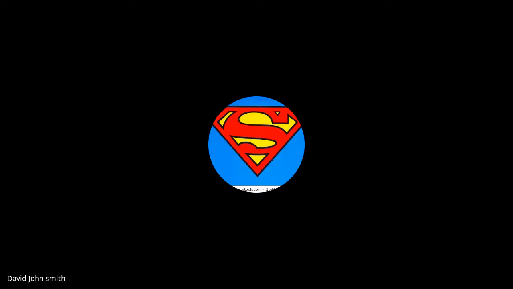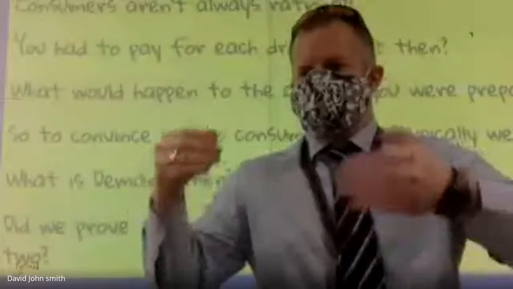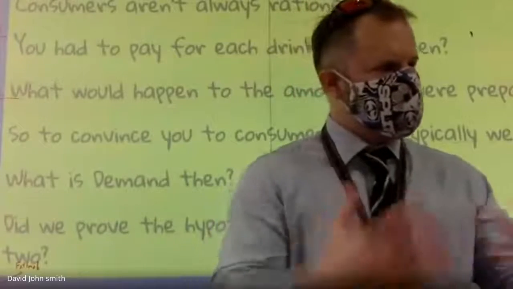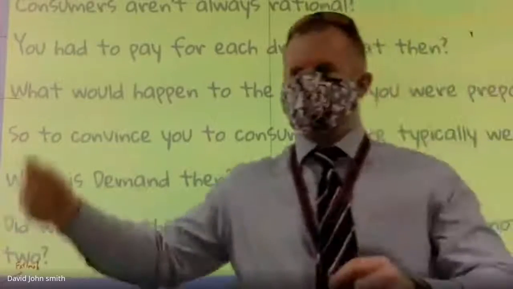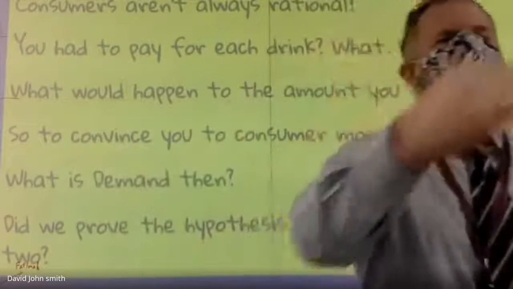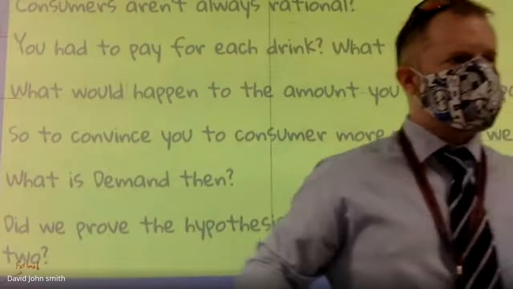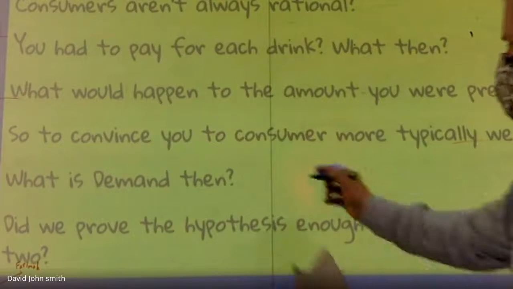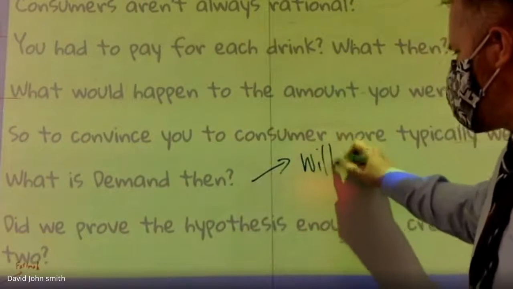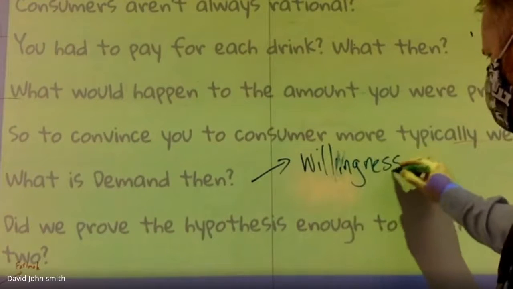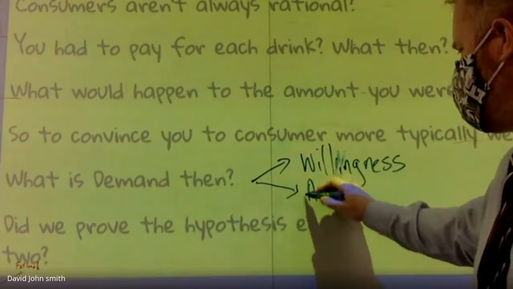Demand is you, the consumer, demanding a product. It's you saying, I would like to buy this product. Not, I want this product. I would like to buy it. I would like to pay for it. So it's got two aspects to it: the idea of willingness, and the idea of ability.